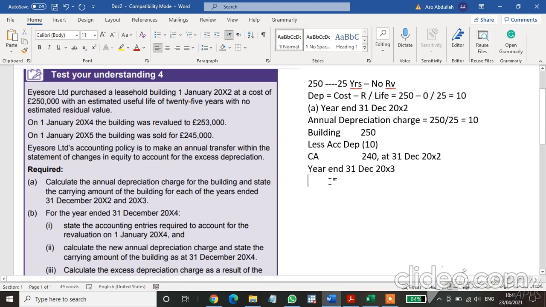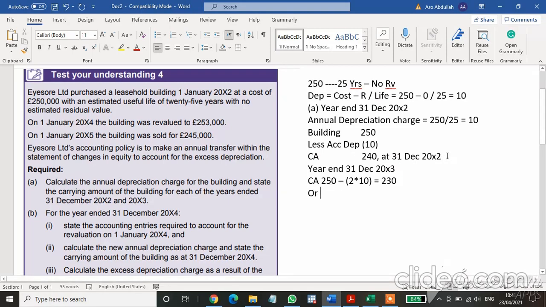So for 2003, the carrying amount is 250 minus how many years of depreciation? Two depreciations, so at the end of 2003 we can say 2 times 10,000, which is equal to 230,000.